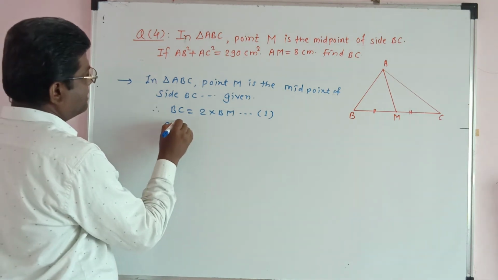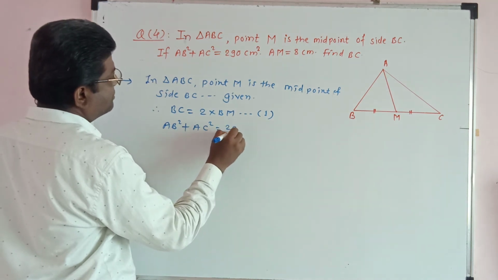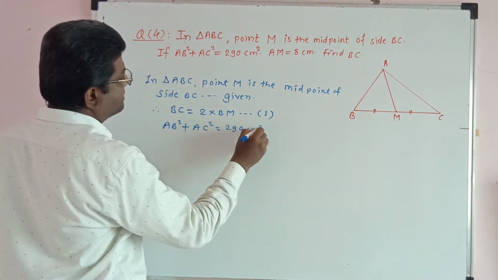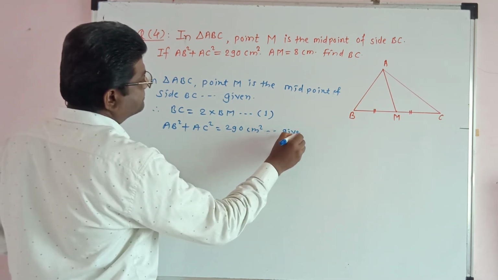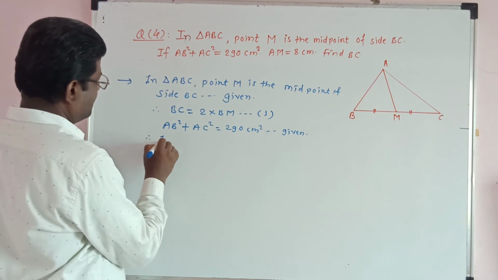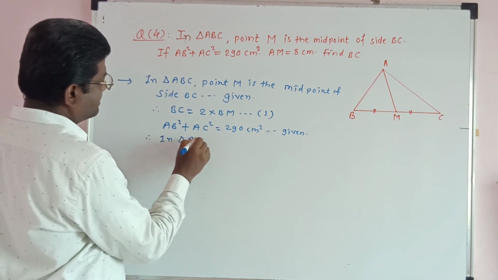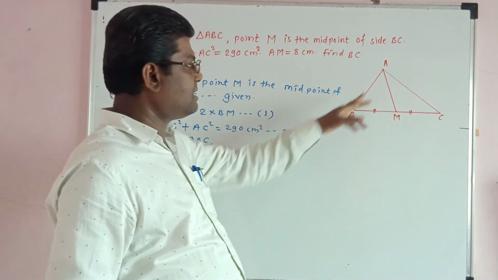Also, we have given AB square plus AC square is equal to 290 centimeter square. This is given. Now, in triangle ABC, apply Apollonius theorem.